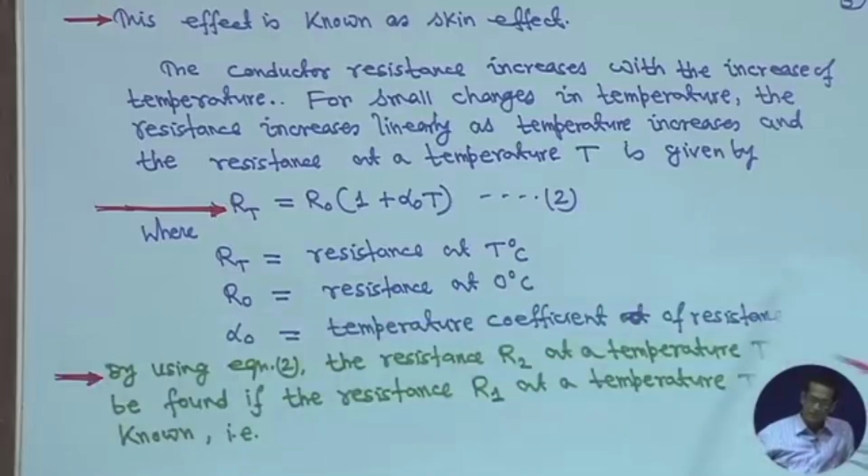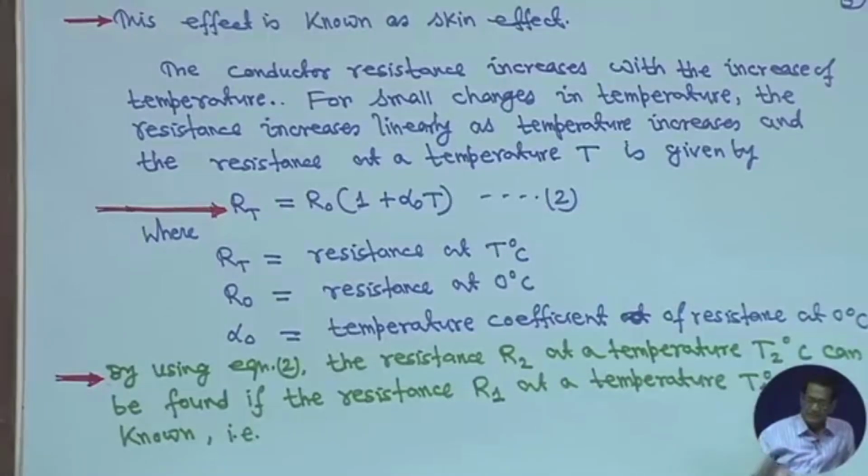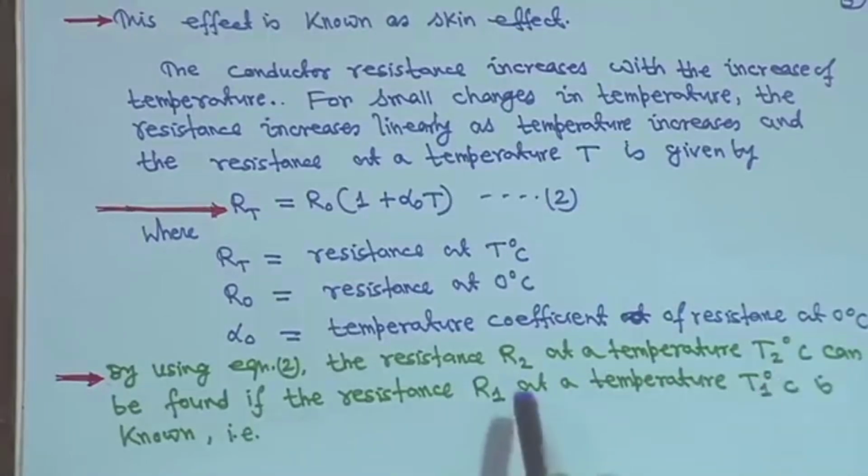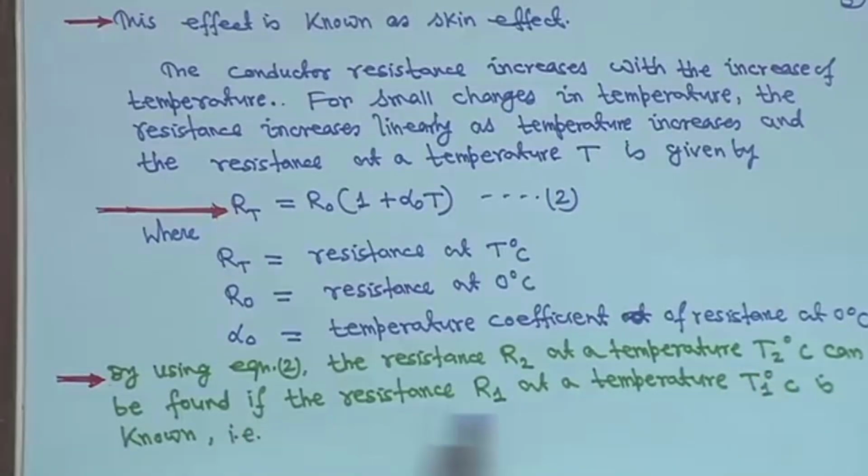That means if you know the resistance R1 at temperature T1, the resistance R2 at temperature T2 can be found.